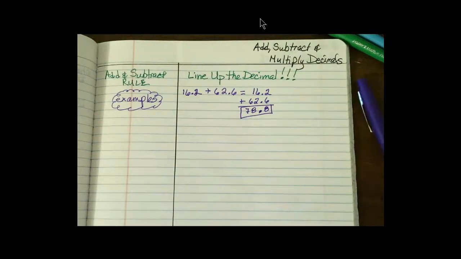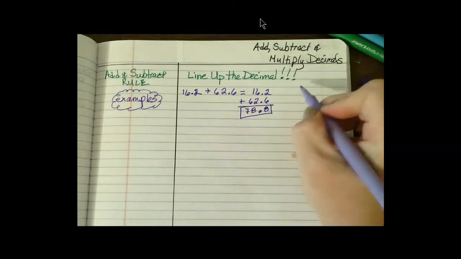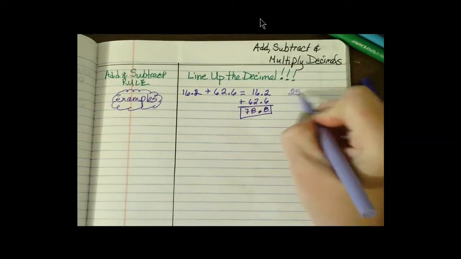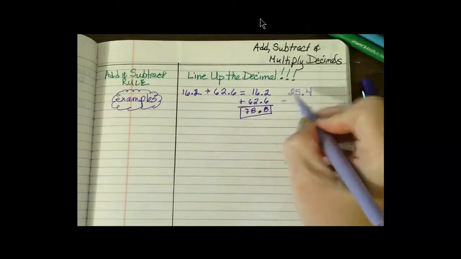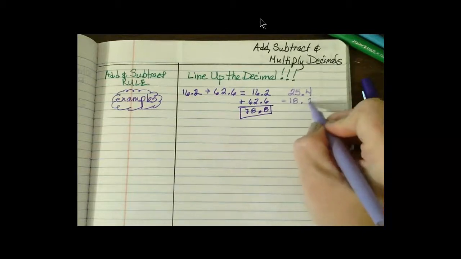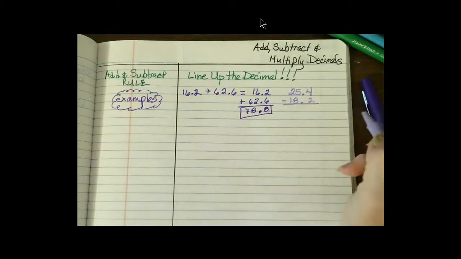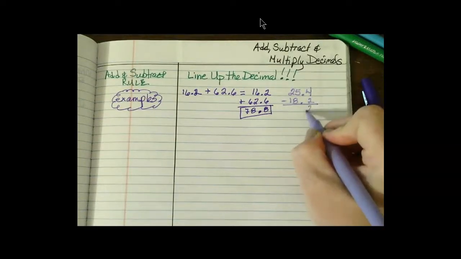All right? Let's try one that's just subtraction, okay? Just a simple subtraction one. And I'm just going to write it vertically from the get-go. I've got 25 and 4/10. And I'm going to subtract 18 and 2/10. All right? So, 4, take away 2 is 2.